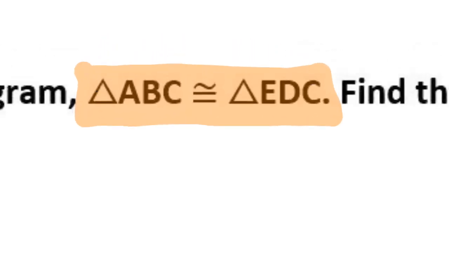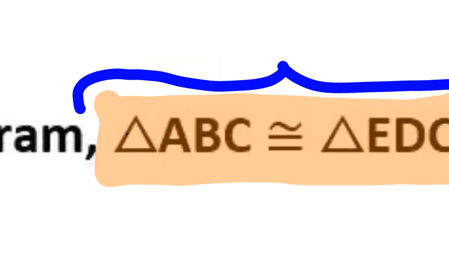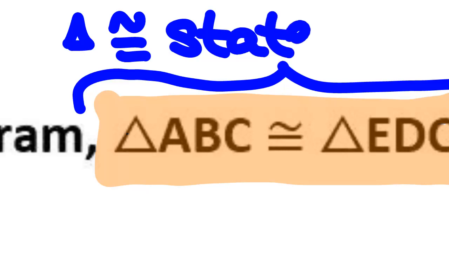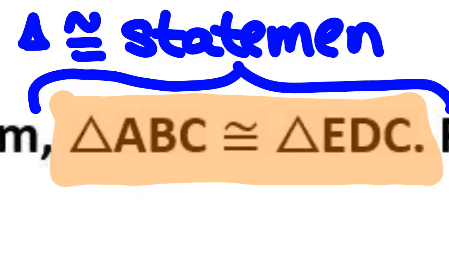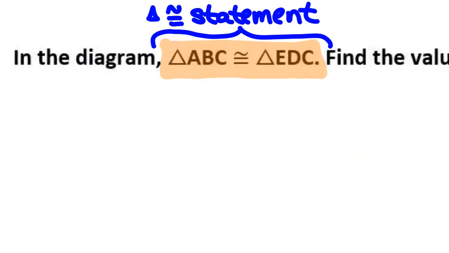One of the things I want to point out, because there was a little bit of confusion, not a lot, on the activity that I left for you yesterday. This is a triangle congruence statement. If I ask you to write me a statement showing that the two triangles are congruent, this is what I'm wanting.